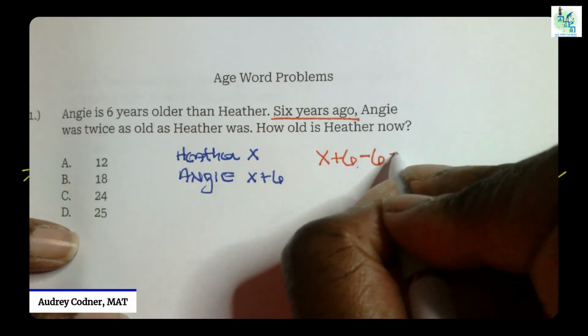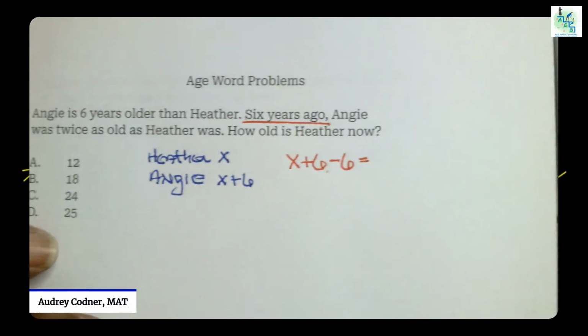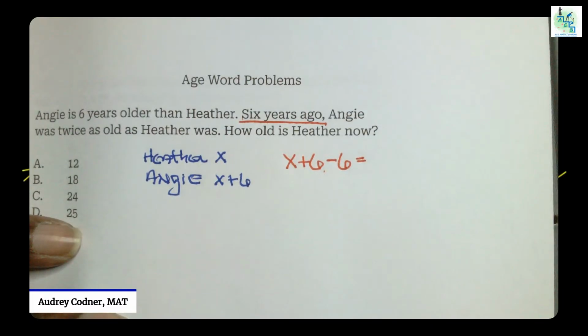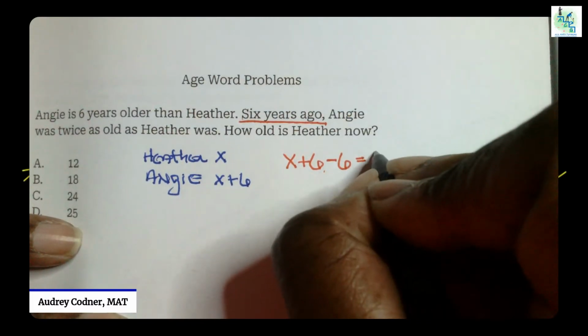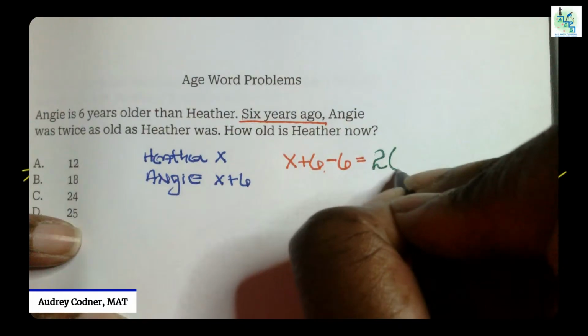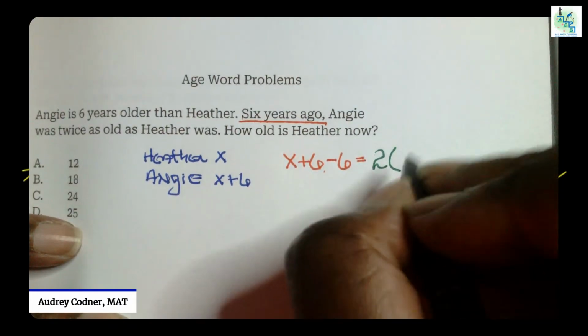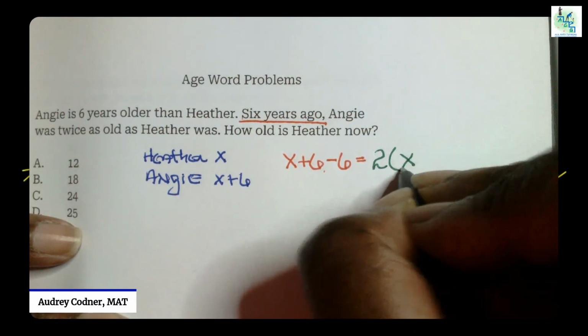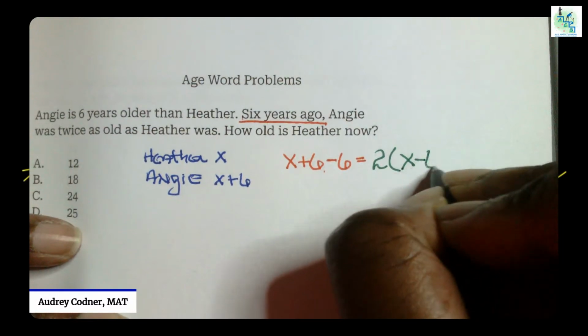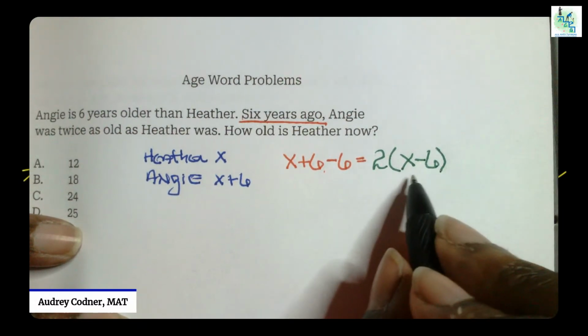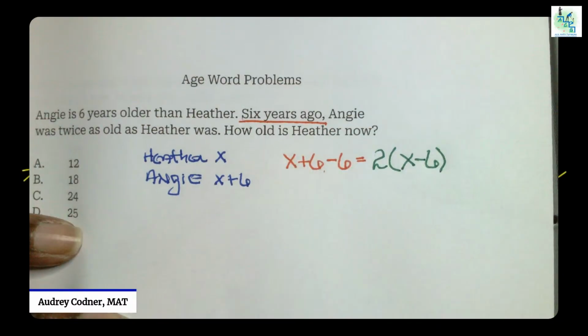And then we're going to compare with twice as old as Heather was. Remember, Heather is our x, minus the 6 because this is happening 6 years ago.